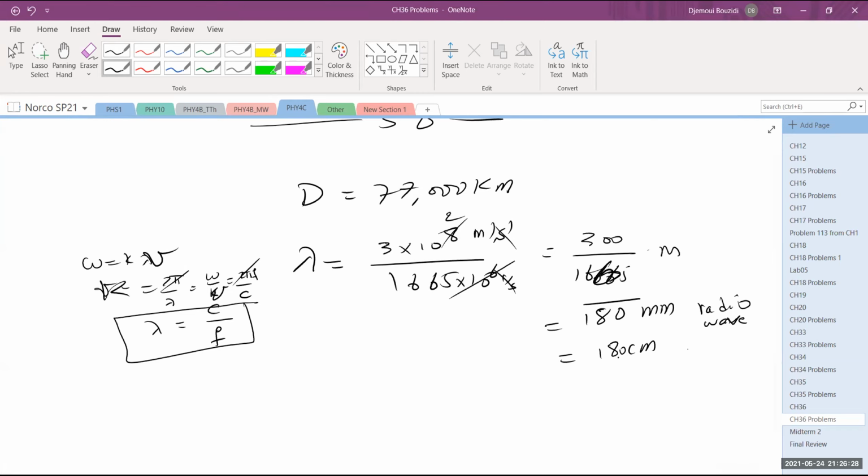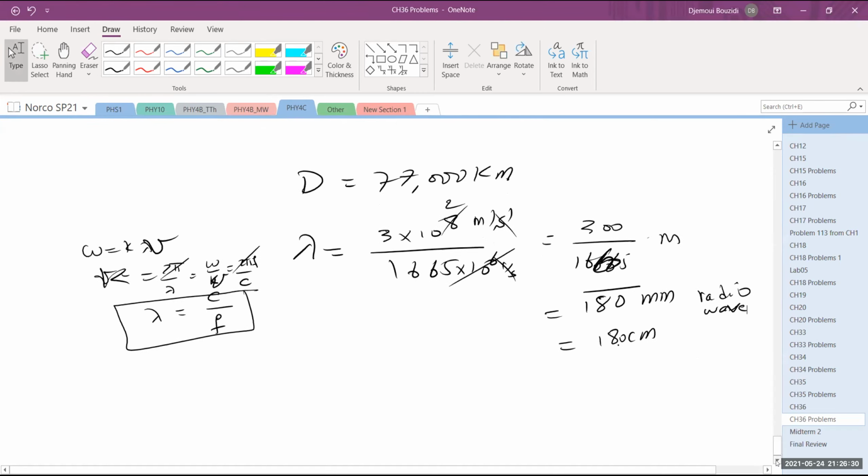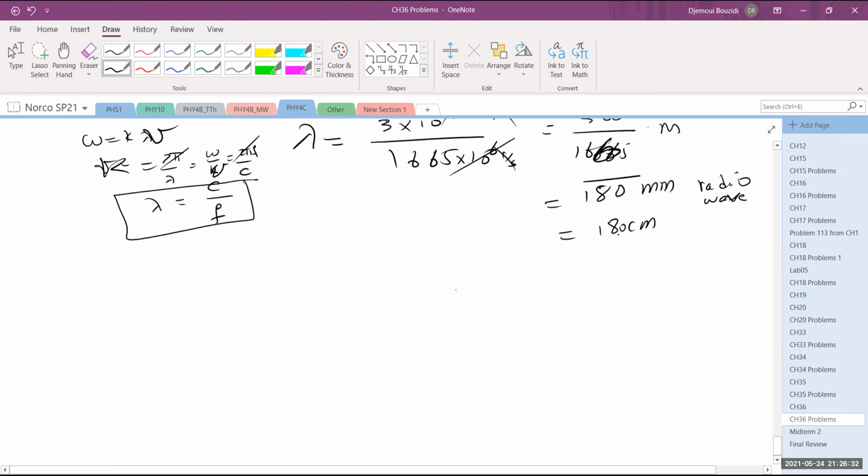So the smallest detail. Here is the object. Let's assume this is how big the object is. This is the actual quasar, and this is the distance to it from Earth.